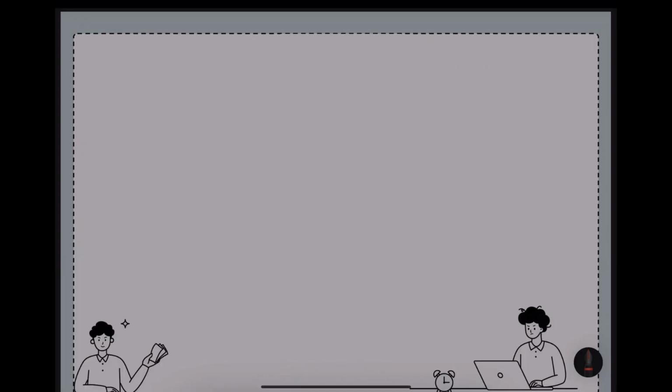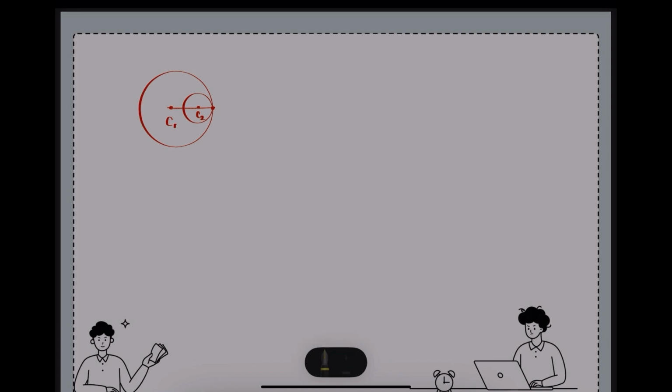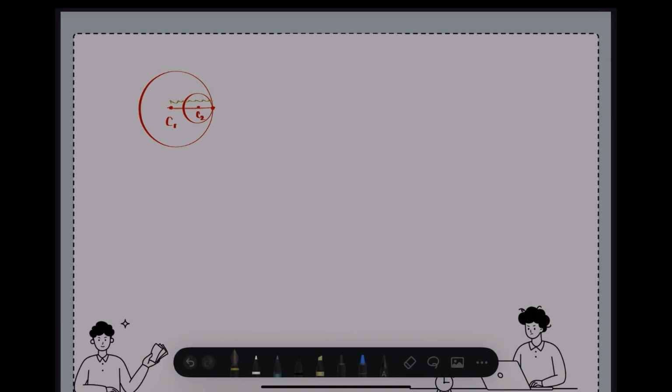Now look at this. Suppose that we have a circle and this time the circle is touching from inside. Okay, now look at this. This is center C1, this is center C2. Now be super slow. Look at the idea. This is radius 1.